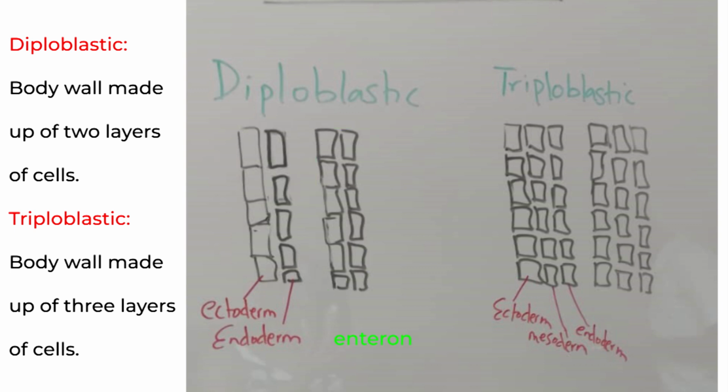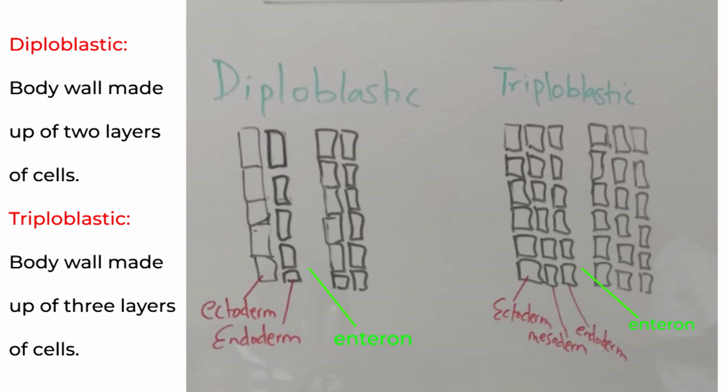The first outer layer is called ectoderm, the inner layer endoderm. In triploblastic organisms, the body wall is made up of three layers of cells, and then there's a hollow. The outer layer is called ectoderm, there's a middle layer called mesoderm, and an inner layer endoderm.